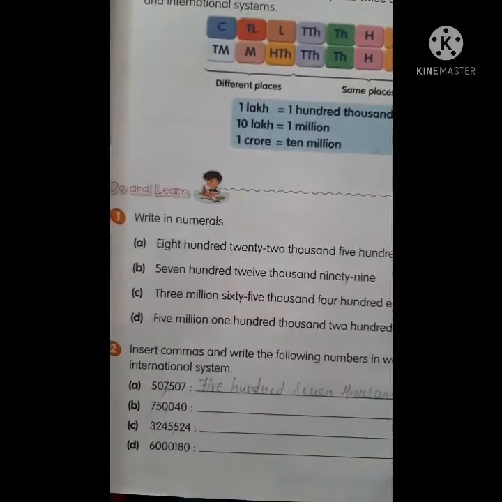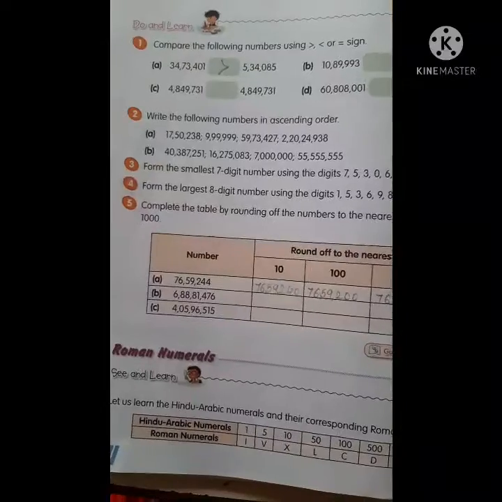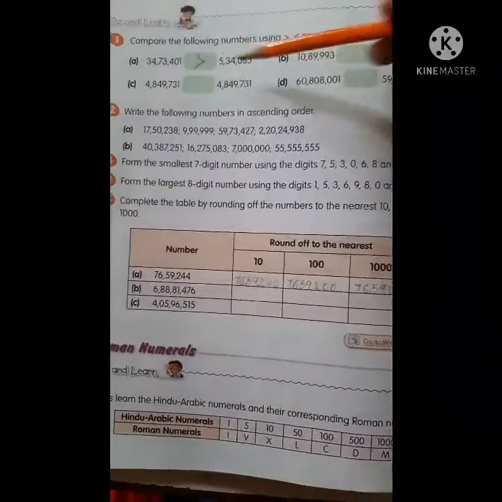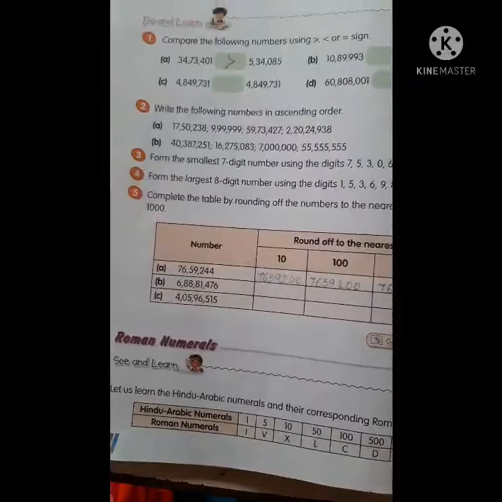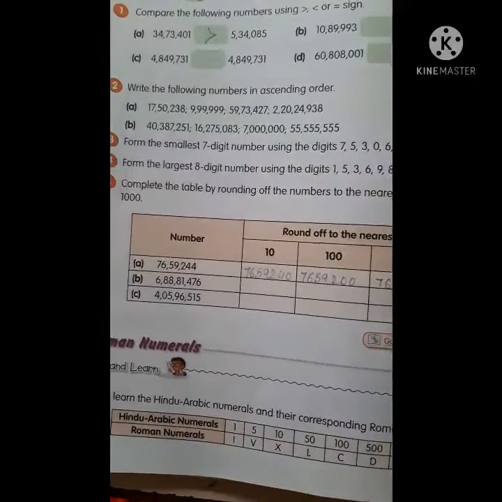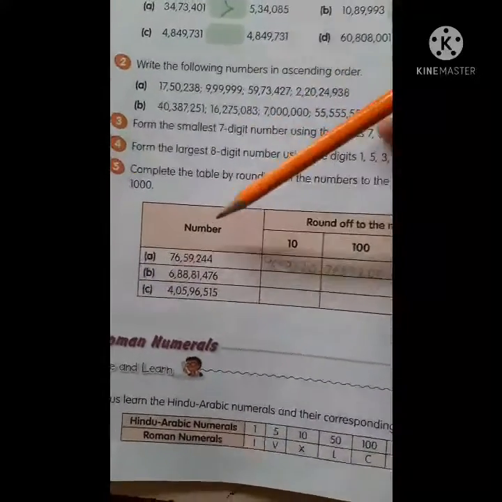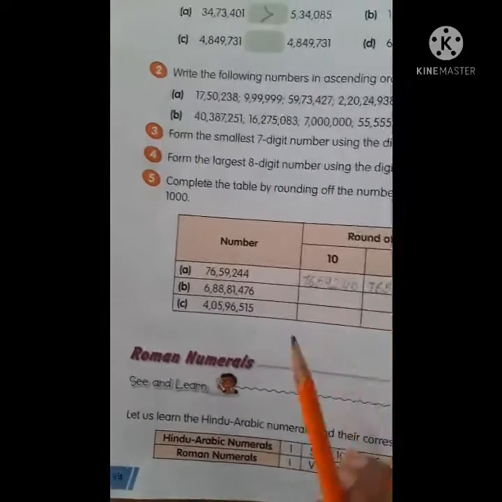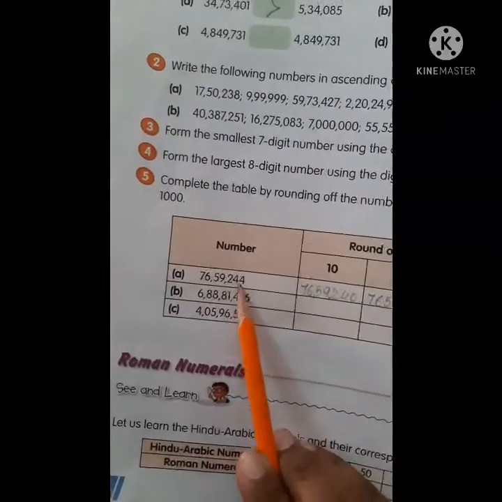Okay. Now let us see. These are the exercises which we have already done: ascending order, descending order, putting the greater than sign. See here, round off to the nearest tens, hundreds and thousands. One I have already done. Let us see how we have to do it. For tens we always look at only the 1 digit.